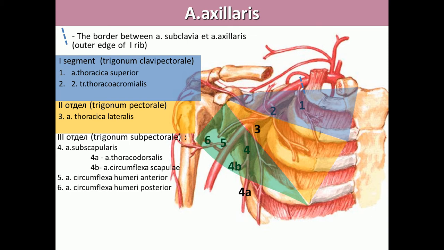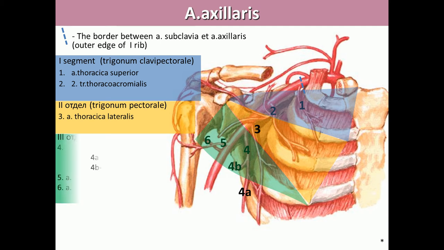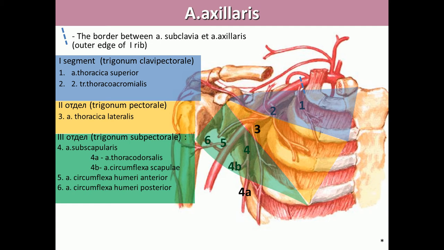Pay attention, please, that arteria circumflexa humeri posterior is of larger diameter than arteria circumflexa humeri anterior. The anterior is more thin. So arteria circumflexa humeri posterior should be more easily demonstrated in the specimen. We also use the same color, green, to colorize our scheme.